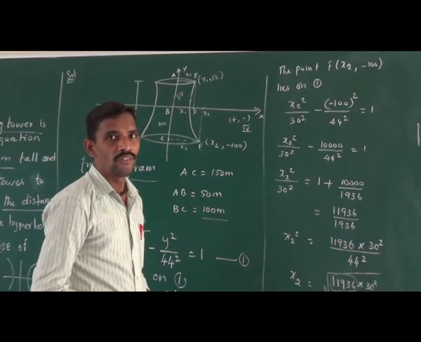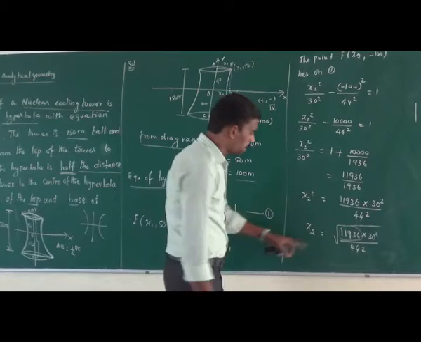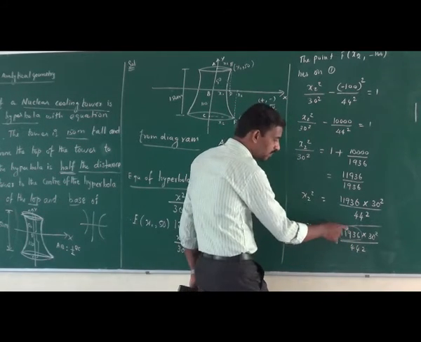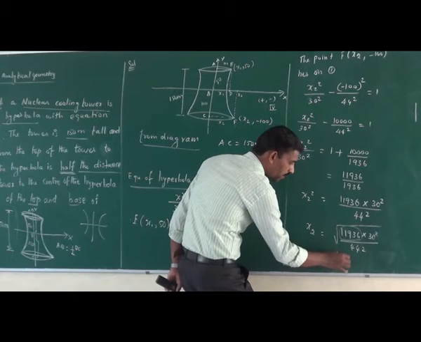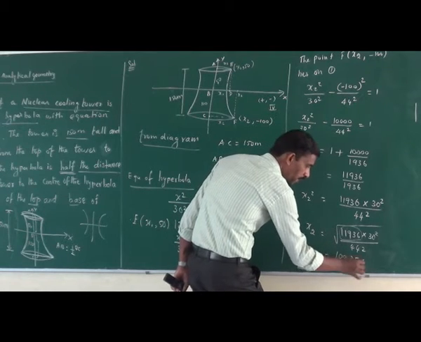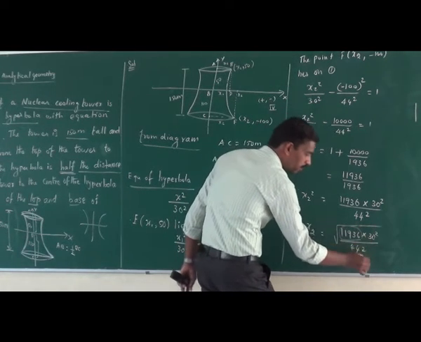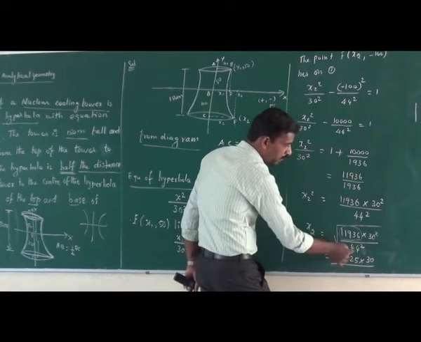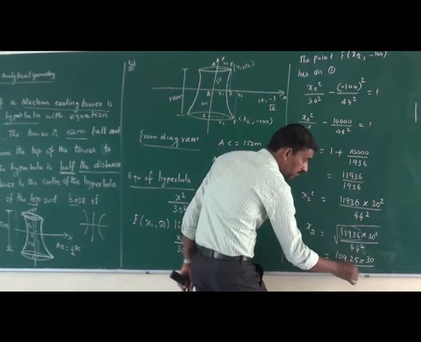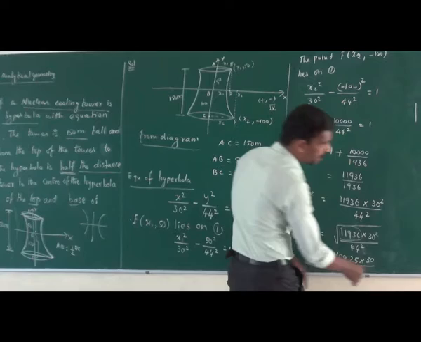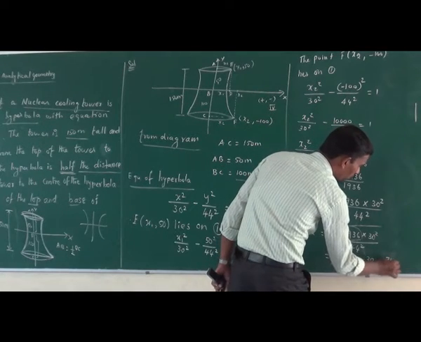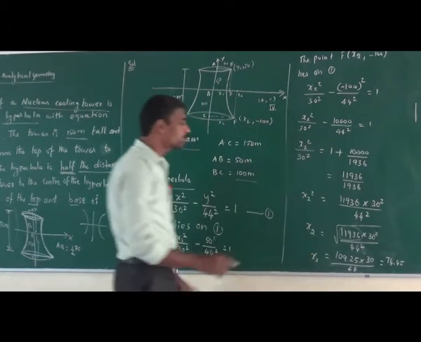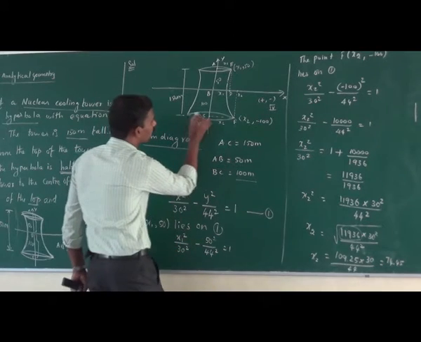Taking square root of that value is nothing but 109.25 into 30 square, taking square root we get 30, and 44 square, taking square root nothing but 44. So simplifying, we get the value is nothing but 74.45. This is x2.